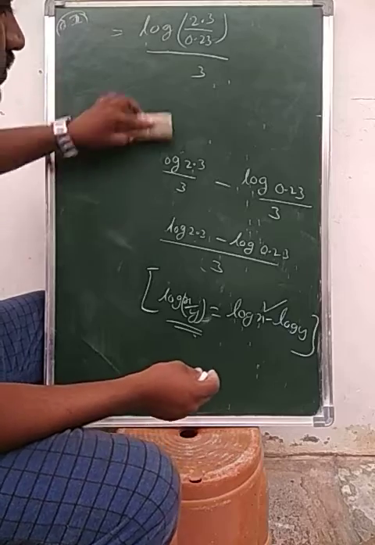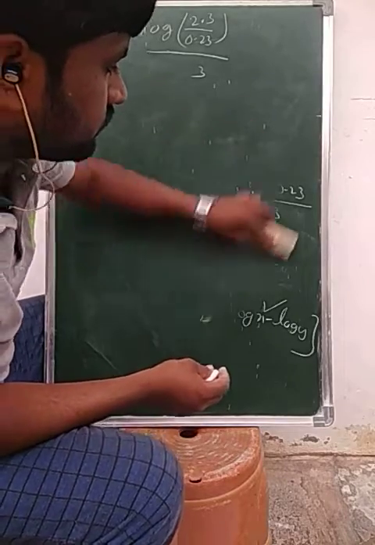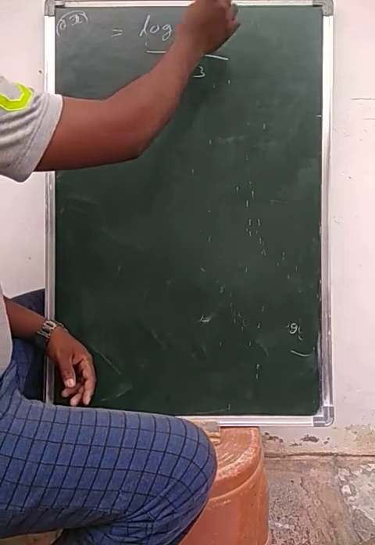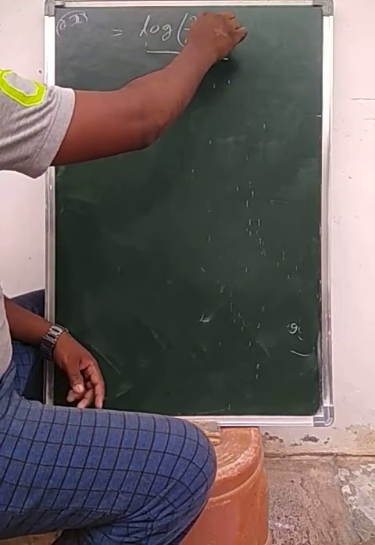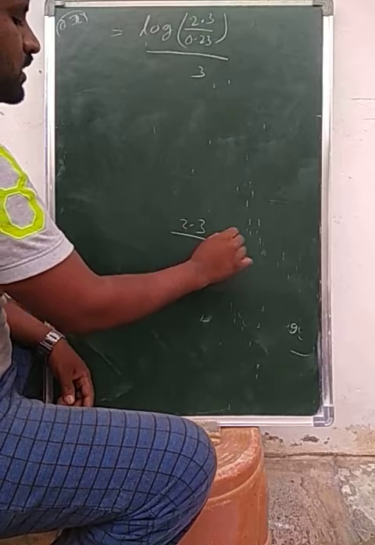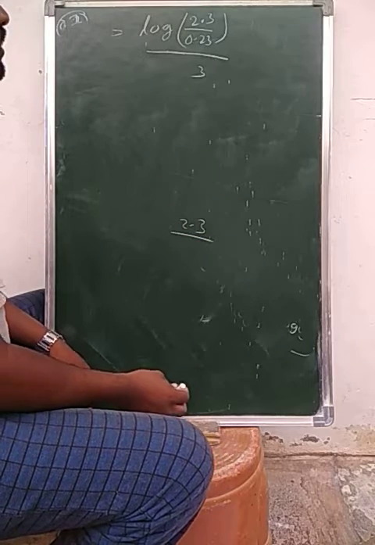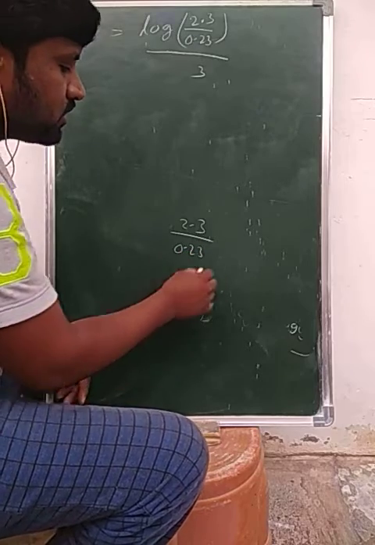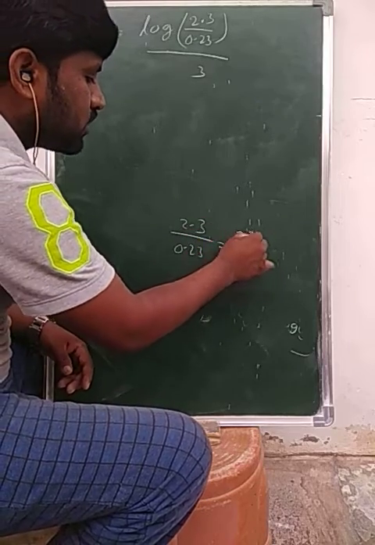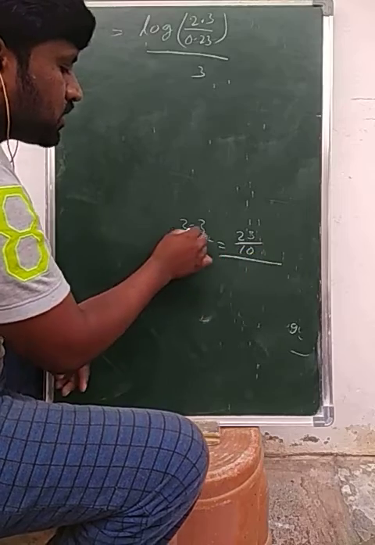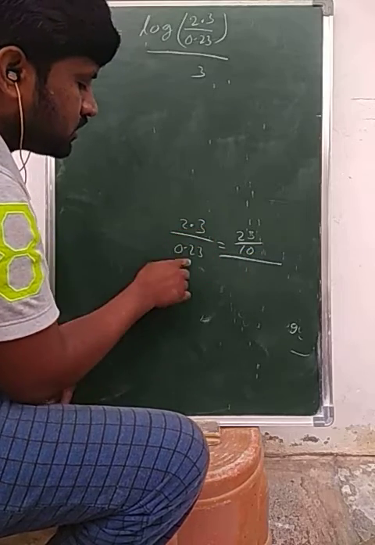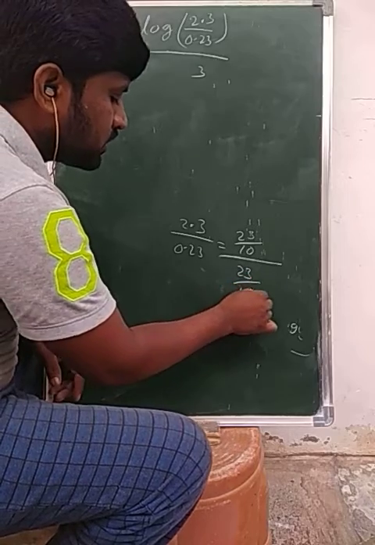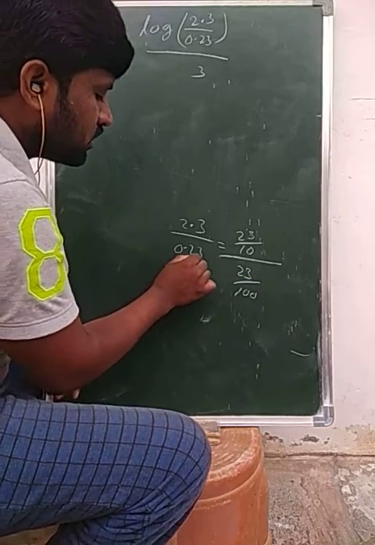So I have written log of x by y. By cancelling these two, what do we get? 2.3 by 0.23. You just cancel it. You can write 2.3 as 23 by 10 because of the point after 1 decimal place, and 0.23 as 23 by 100 because of 2 decimal places.